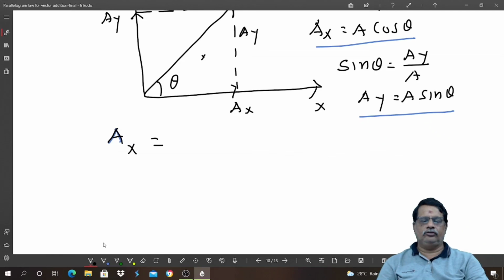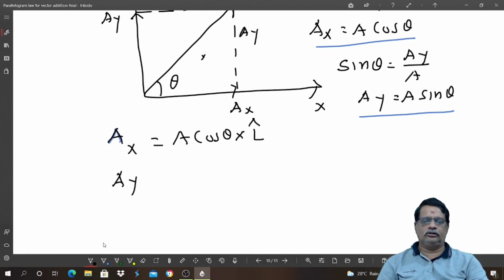So ax equal to what we have obtained, a cos theta, which is a scalar. Now how to convert it to a vector, how to give it a direction? Multiply it with a unit vector lying in the direction of ax, or along the x-axis. And what is our unit vector lying along the x-axis? We have already discussed the concept of unit vector. You have a unit vector lying along the x-axis, which is given by i cap.